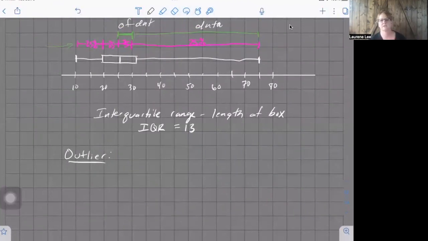But to avoid having to calculate a different value like standard deviation, we've defined what an outlier is in terms of this box chart.